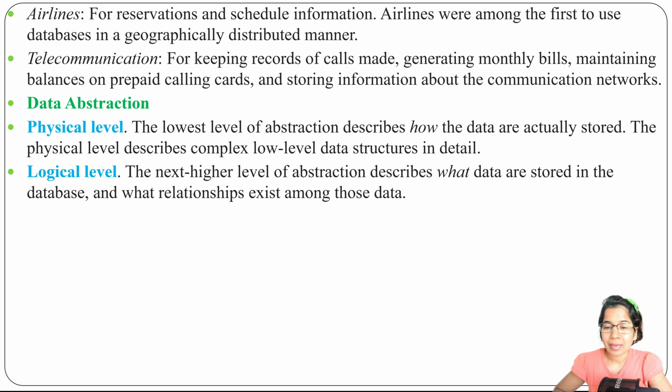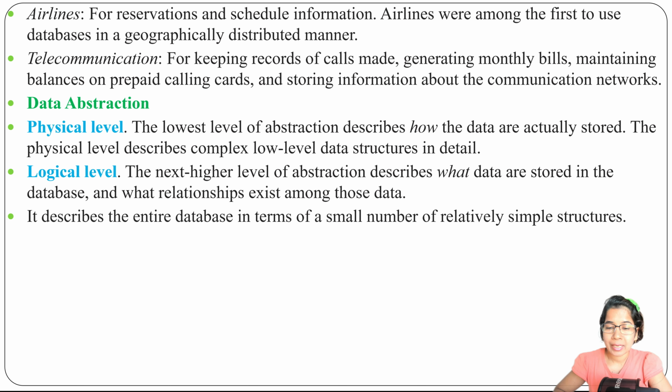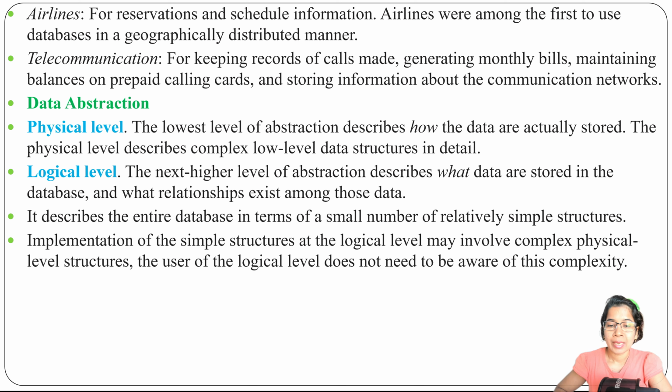So the next higher level of abstraction is logical level, that describes what data are stored in database and what relationships exist among those data. It describes entire database in terms of a small number of simple structures. So that entire database, that is too complex, we can divide into small simple structures, and implementation of these simple structures may have complex physical level.